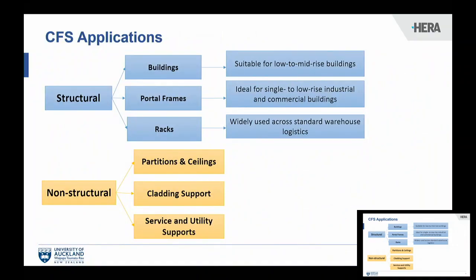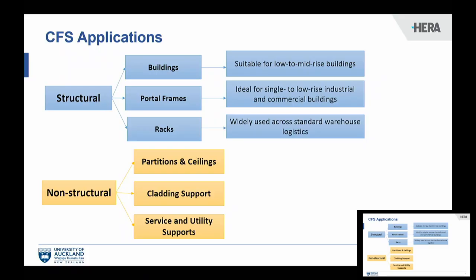Cold form steel components can be used in both structural and non-structural applications. On the structural side, they are ideal for low to medium rise buildings when speed and light weight are necessary, and they are suitable for portal frames, ideal for single to low rise industrial buildings, warehouses, and commercial buildings.